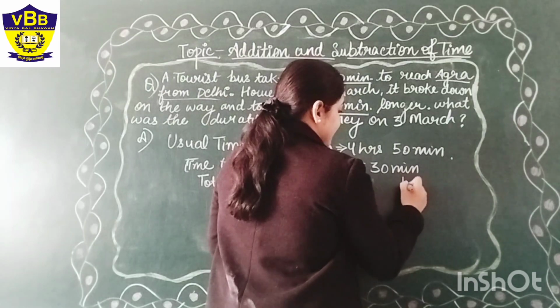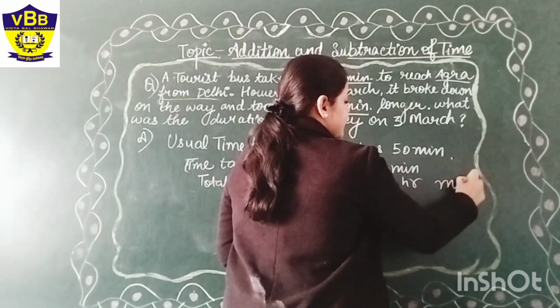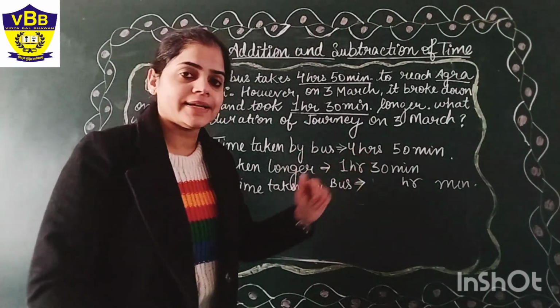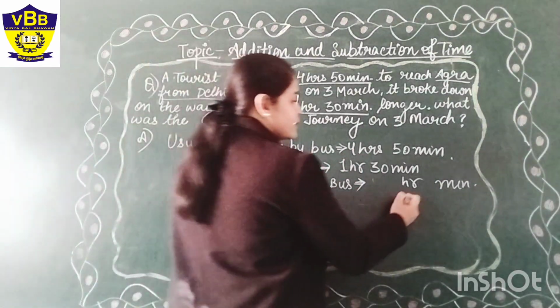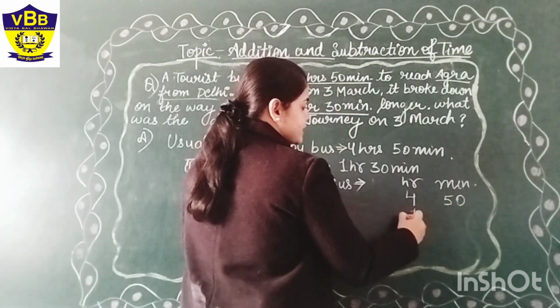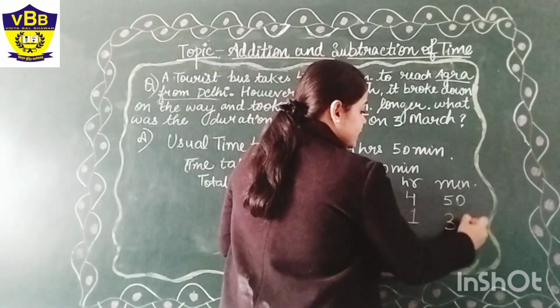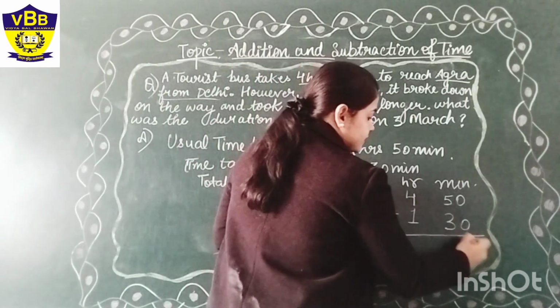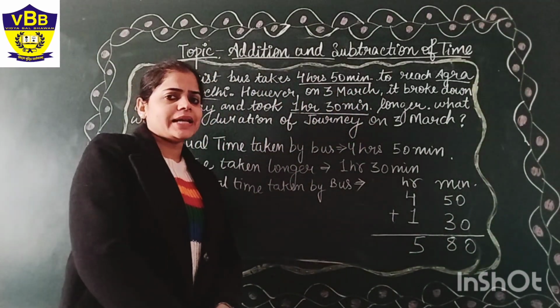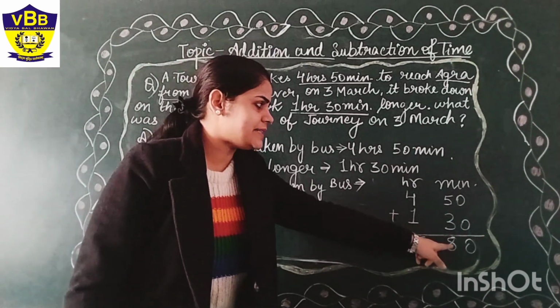How to add this? We will do the similar addition here, like we have done in the previous question also. We will make a separate column and write the numbers. In hours it is 4, then it is 50, again it is 1 and then it is 30. So we will add this quantity: 0, 8, 5. Can you see something unusual there? That is 80 minutes.